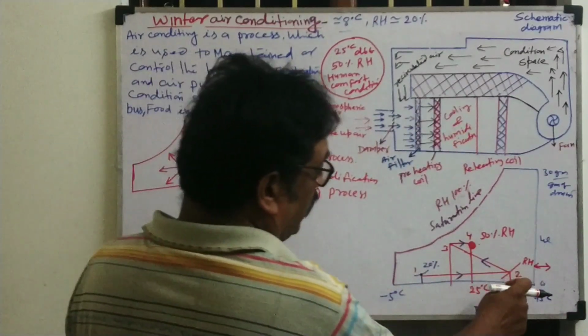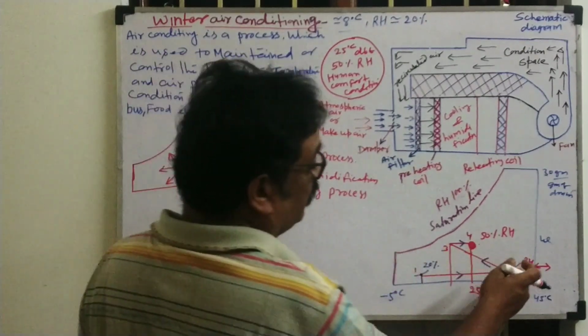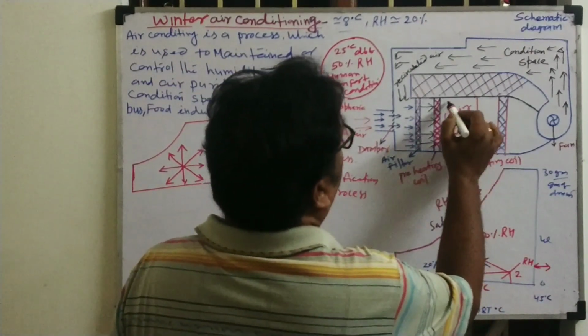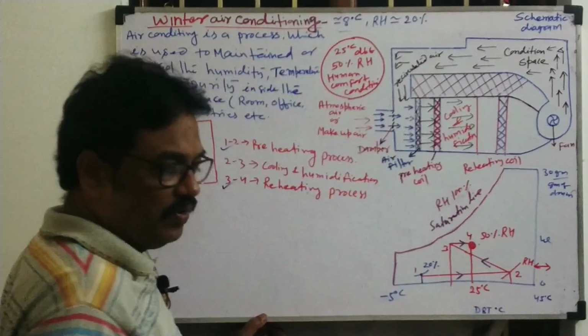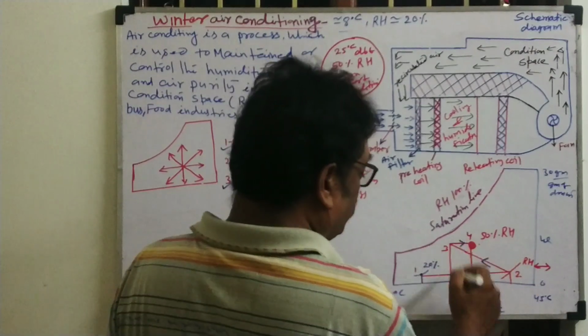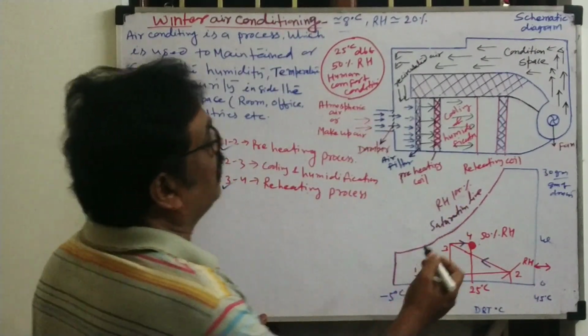Temperature will improve, but relative humidity or moisture will be more or less the same. Again, it passes through the humidifier, cooling and humidification. Temperature will reduce, but humidity will improve more than our comfort condition.